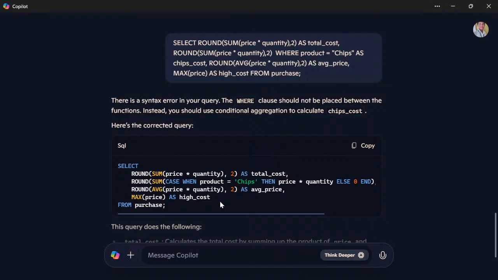First of all, I have found the total cost, that is fine. Okay, that's really different. First of all, I have rounded, that's the simple thing. Then sum, there is a case when product is equal to chips, yeah, then price into quantity I have to multiply, else 0.